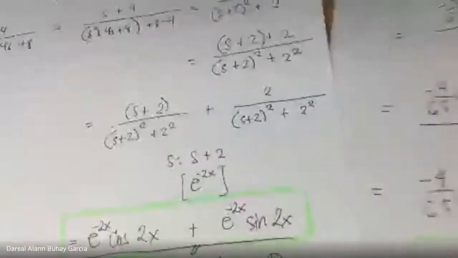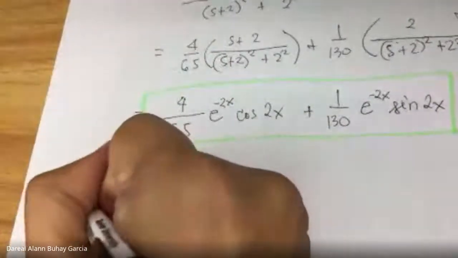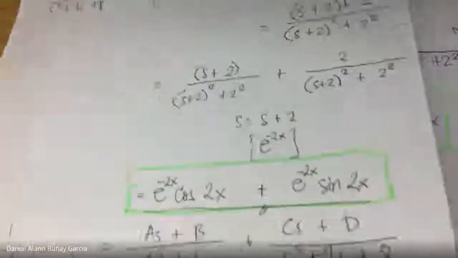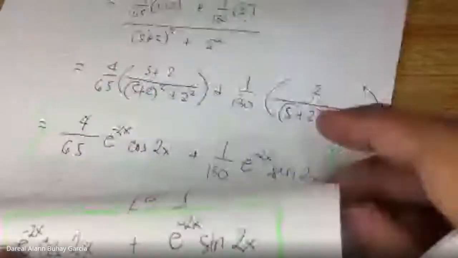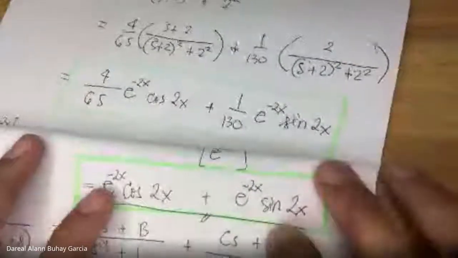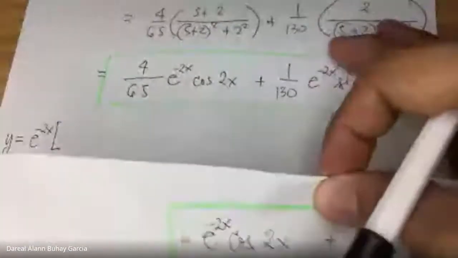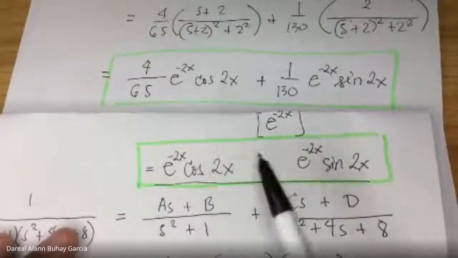The final answer would be: e to the power of negative 2x is common. Combine these: the coefficient here is 1 and here is also 1.